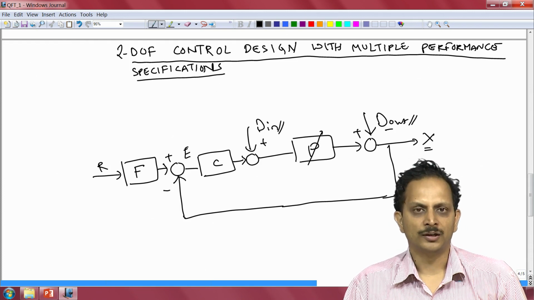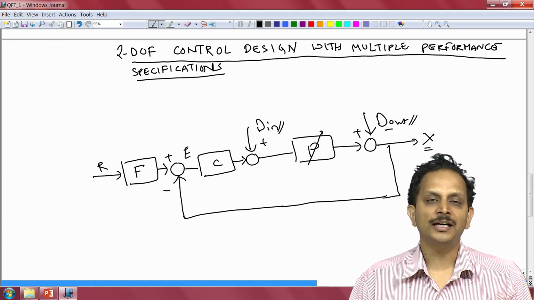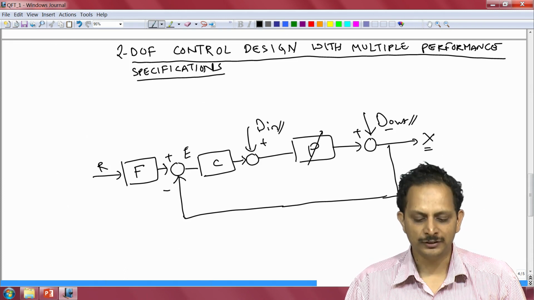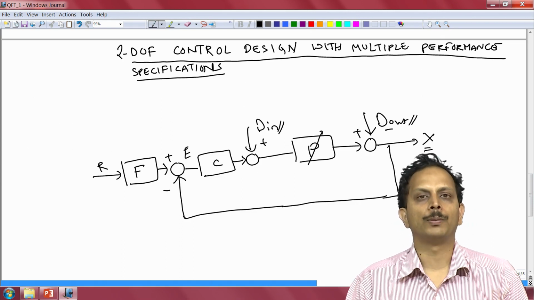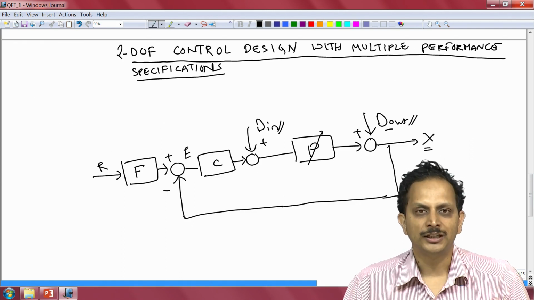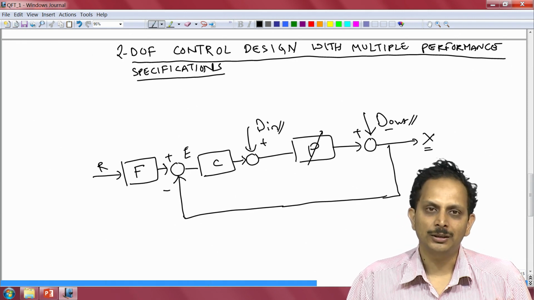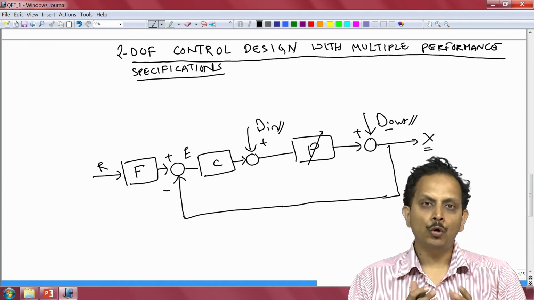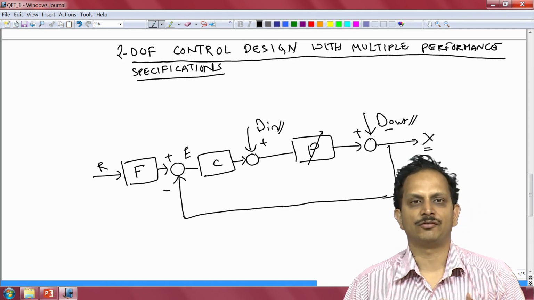So if you recollect, the performance of the control system is intimately tied to the loop gain, which is the product of the controller and the plant transfer functions of our open loop system. The higher the loop gain, the better is our performance in terms of rejection of disturbances and achieving robustness to variations in plant parameters. And the loop gain is in general a complex number. It has a magnitude and it has a phase.